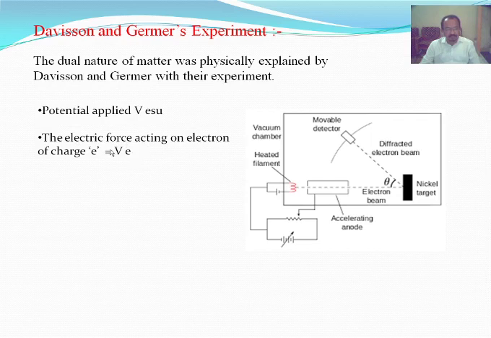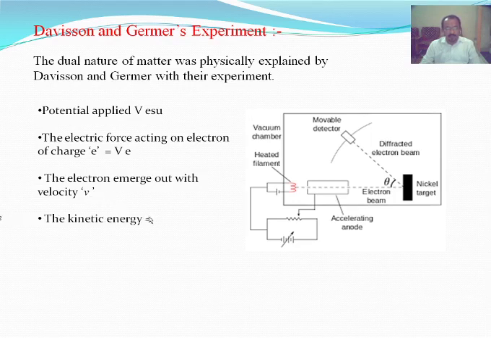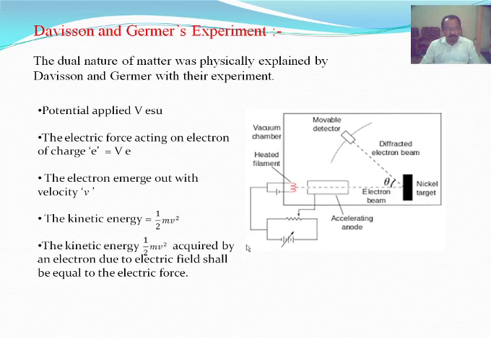This much electric force will act on that electron, and due to this the electron gets accelerated with a velocity v, and due to that velocity v, the electron will have a kinetic energy half mv square. Now this kinetic energy is gained by that electron due to that force, and therefore it is said that the kinetic energy acquired by the electron due to the electric field shall be equal to the electric force.